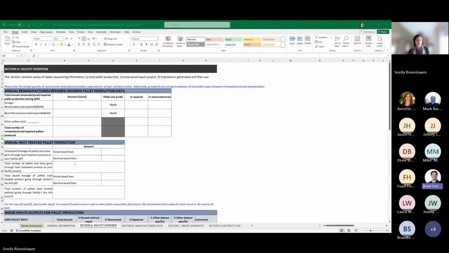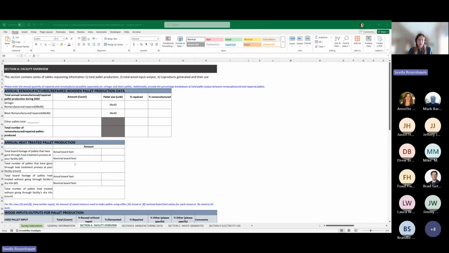And then finally, another question is whether to fill this out per location. You could do it either way. I think it would be easier if you brought it all together as best as you can into one spreadsheet. But if you can't do that, and you have multiple facilities, how would you approach that, Sevda?